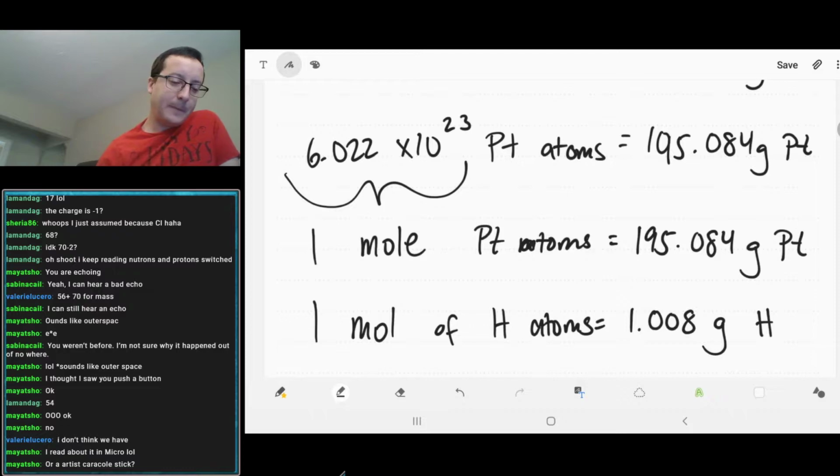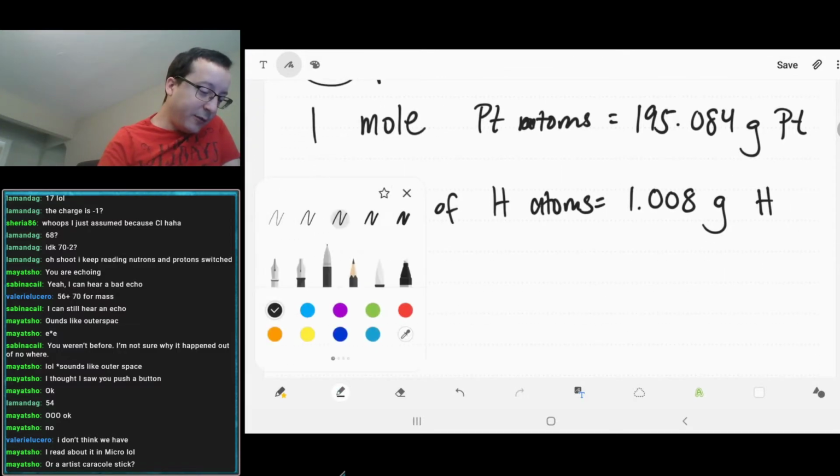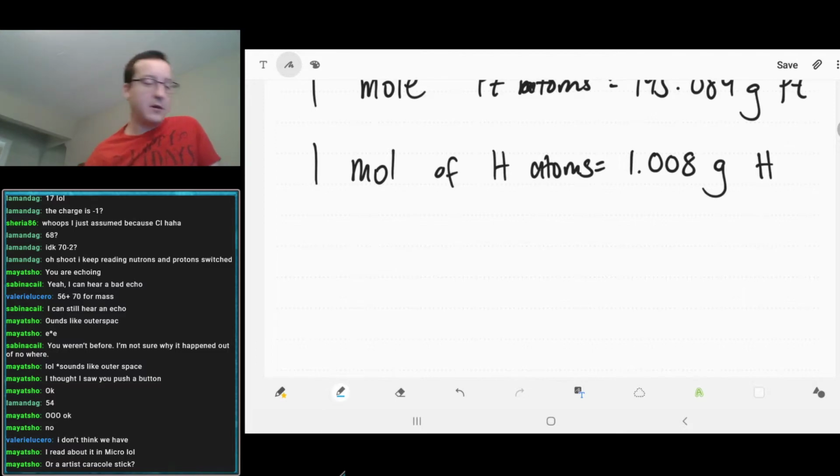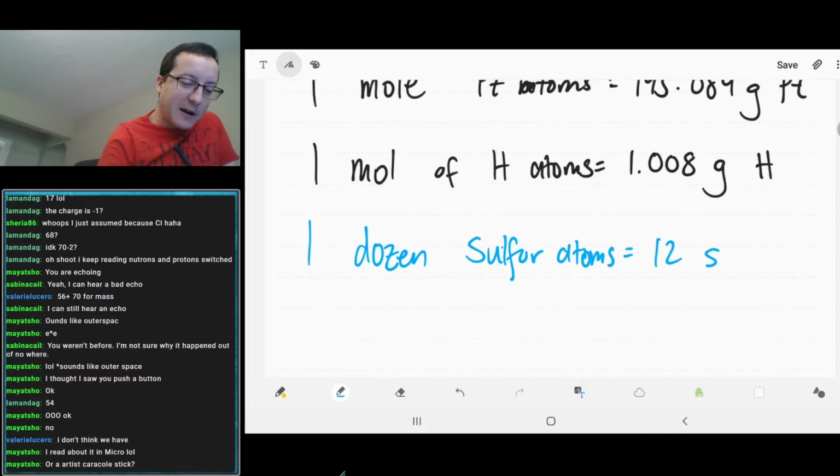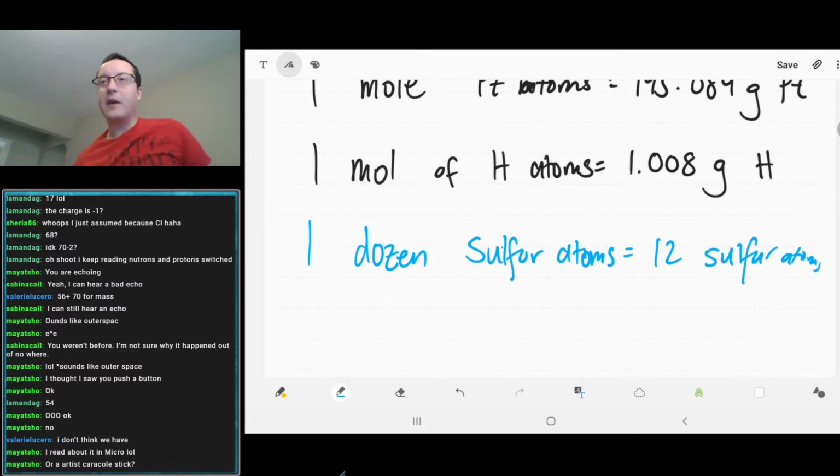Okay, so a lot of students get scared by this, but if we think about other terms that we've heard, 1 dozen sulfur atoms is just 12 sulfur atoms, right? Nothing crazy there.